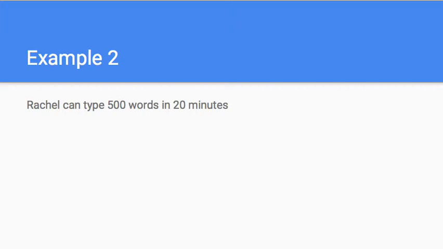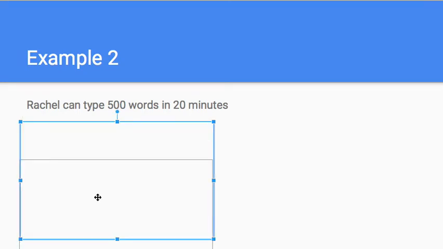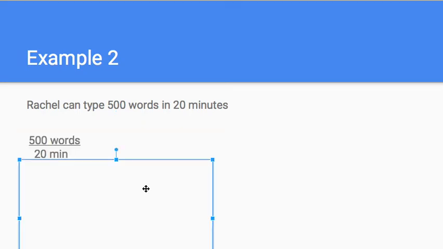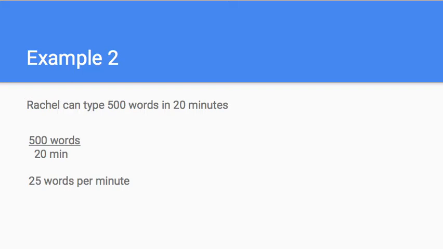The number of minutes it takes to type one word would be so small because minutes is so much smaller than words here. So we're going to take words divided by minutes. So I'm going to do 500 words divided by 20 minutes, and that gives me 25 words per minute. So that tells me that in 1 minute's time, she can type 25 words.